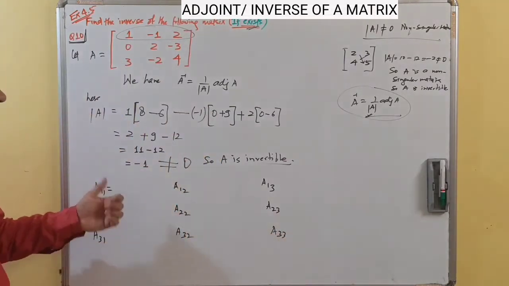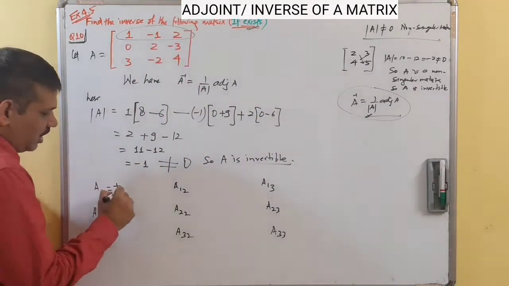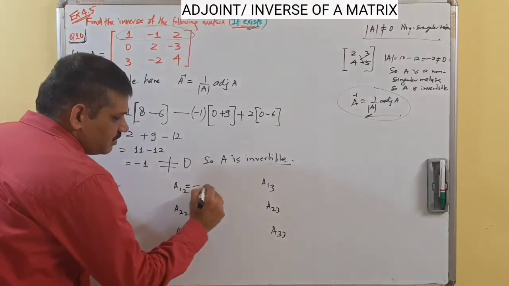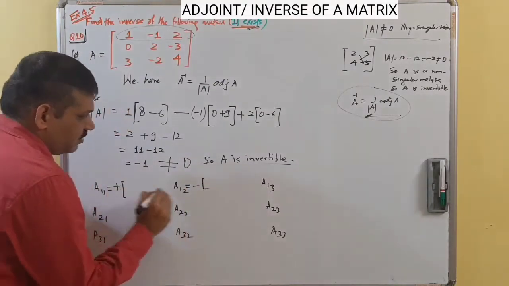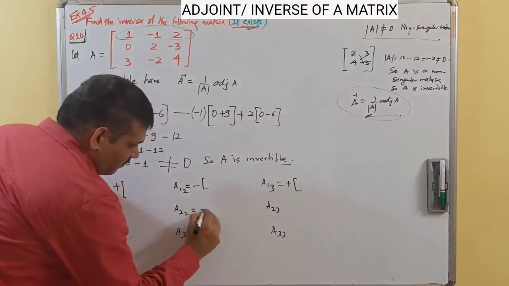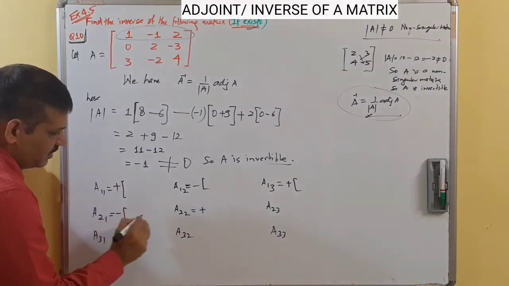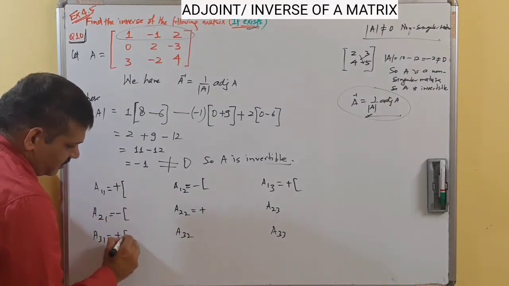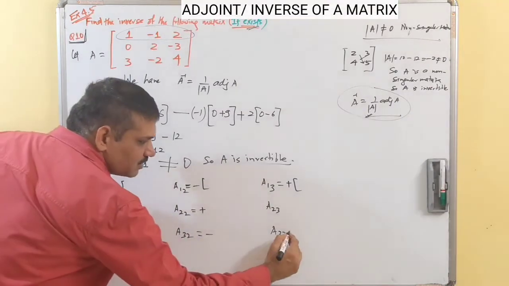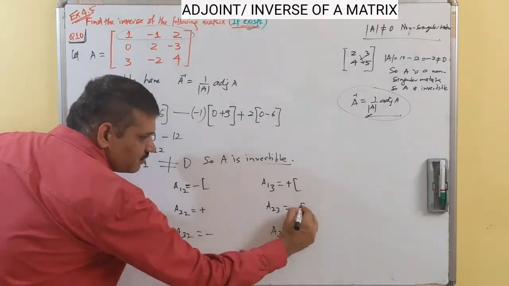Capital A ij denotes the cofactor of the element small a ij. Here I'll write plus, since 1 plus 1 is even, here minus, and then plus. 2 plus 2 is an even power of minus 1, so this is plus, this is minus, again here plus, and likewise 3 plus 2 is minus, 3 plus 3 is 6, that is even, so this is plus.